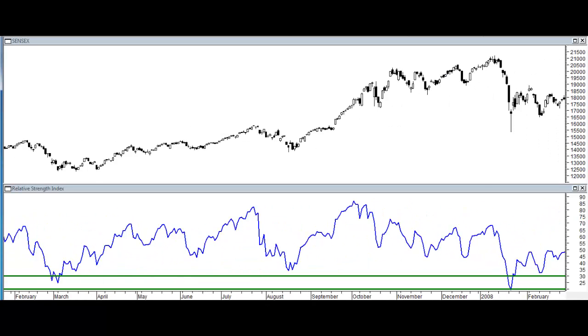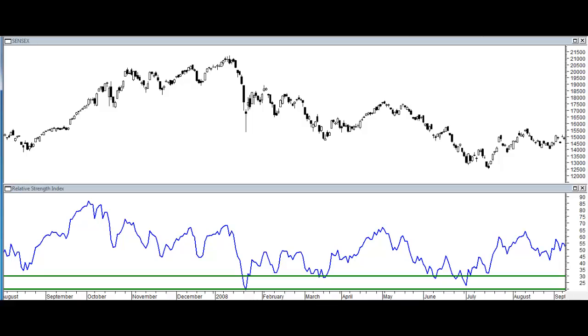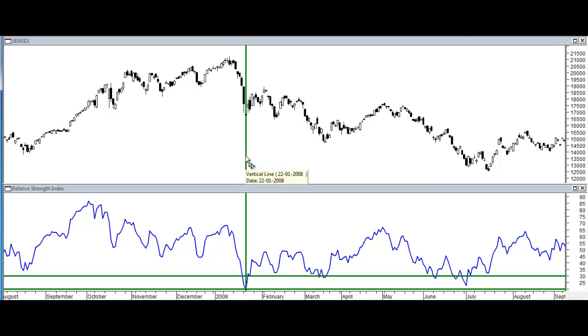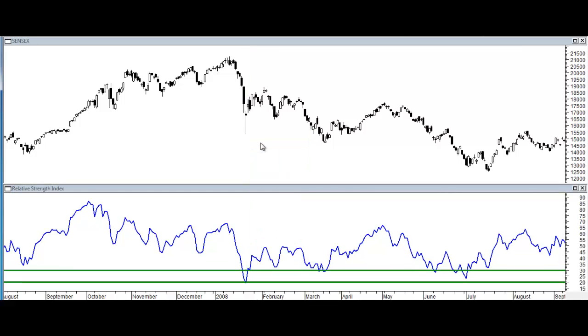Now let's take another example. In 2008 also we have seen that RSI broke below 20 levels, or you can say 20 levels more minutely, with a very small difference, and since then it did give a bounce, but overall the trend was very bearish.